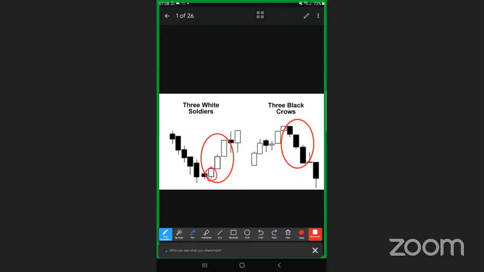It is buyers that are taking charge. When this candle was closing, buyers demonstrated that we are more than you sellers. So when the next session is opening, it is opening slightly above the closing price of the other candle.